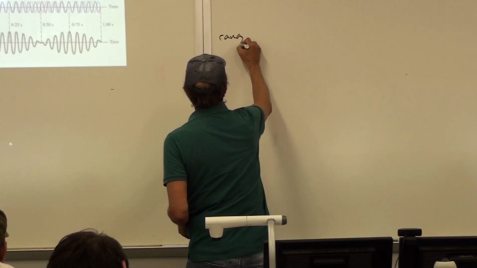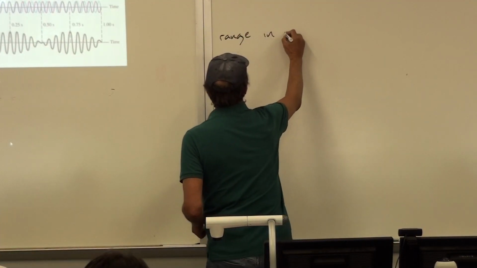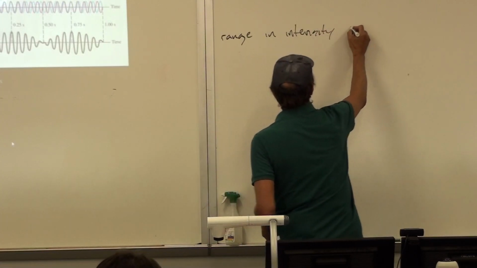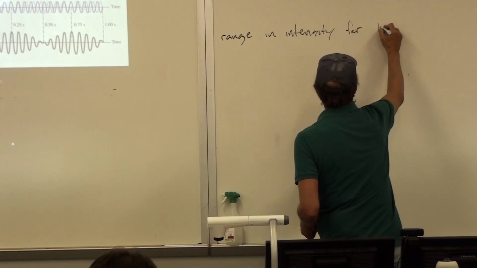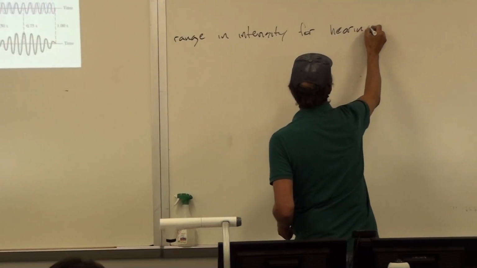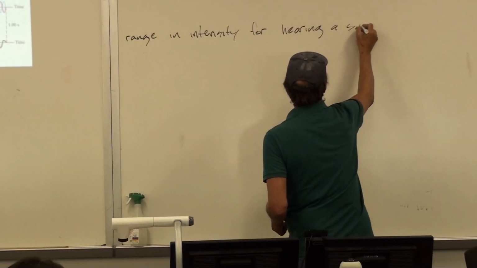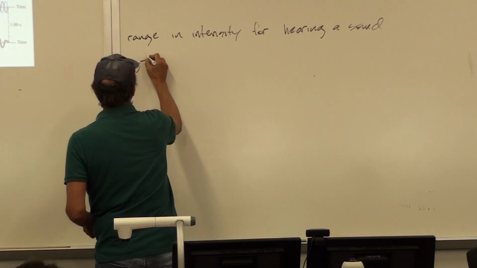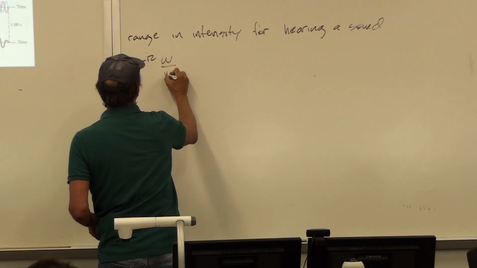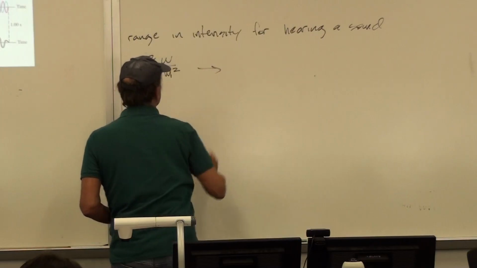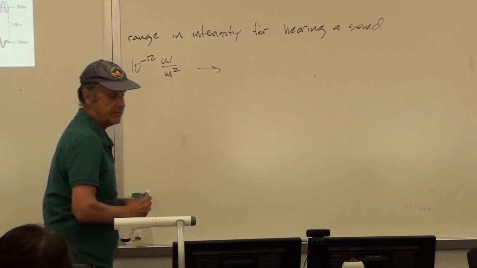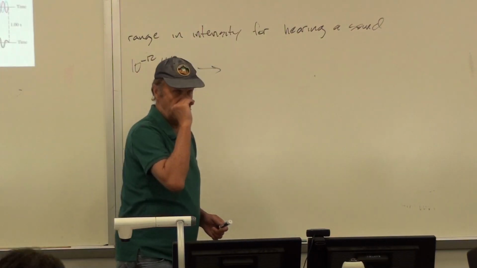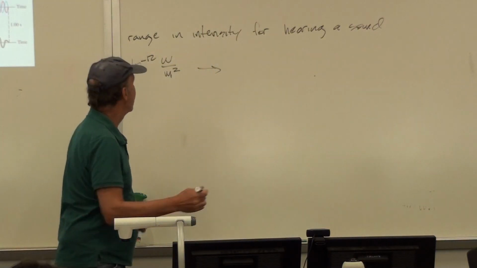And so the range in intensity for hearing a sound is something like 10 to the minus 12 watts per meter squared. And that was involved in our last calculation where we did the amplitude, and it was just 100th the diameter of an atom.